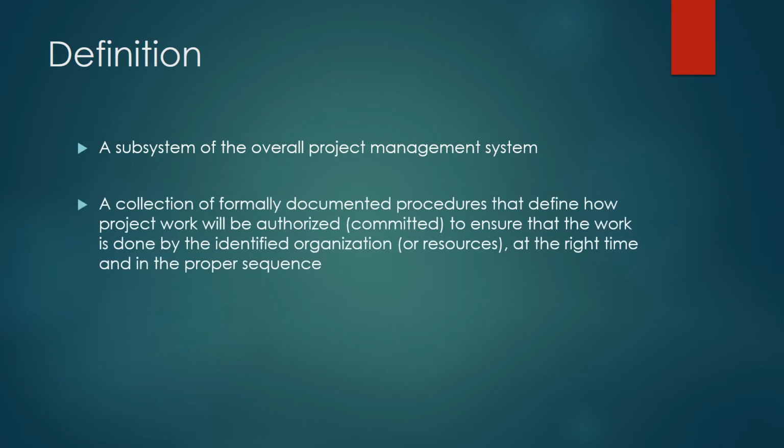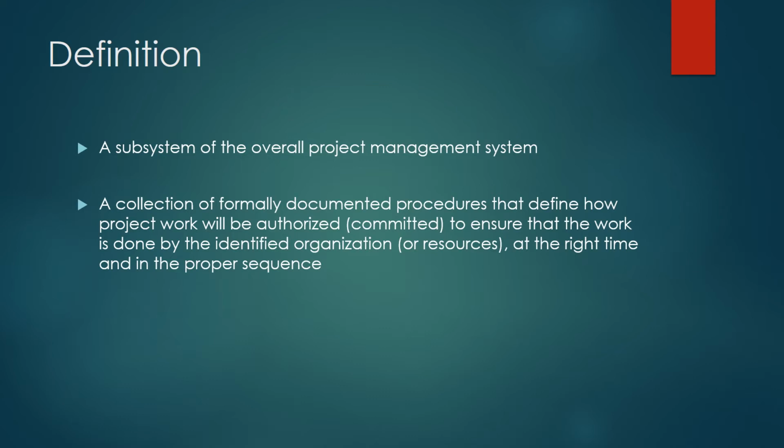And this system is a collection of formally documented procedures that define how the project work will be authorized or committed to ensure that the work is done by the identified organization or resources at the right time and in the proper sequence.